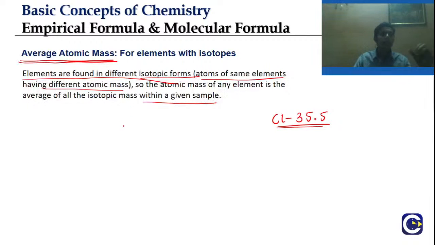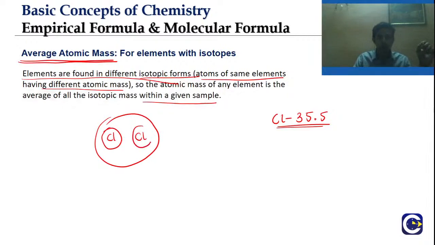So how to understand this? Let's say in this universe, I have two isotopes of chlorine, in which the atomic number is the same, 17 and 17, but the atomic mass in one case is 35, in another case is 37.